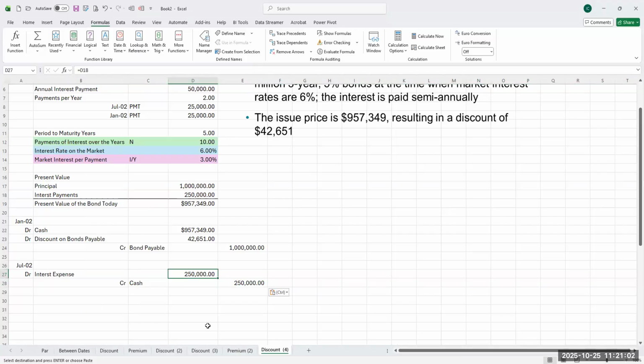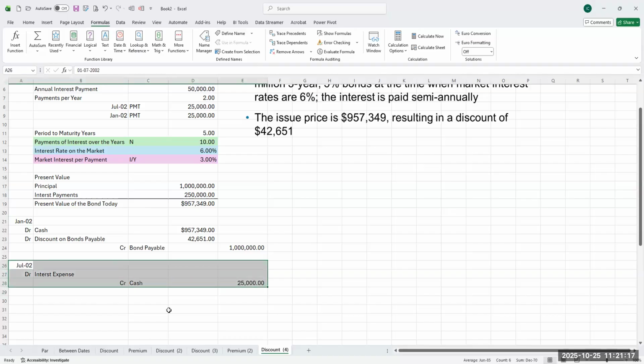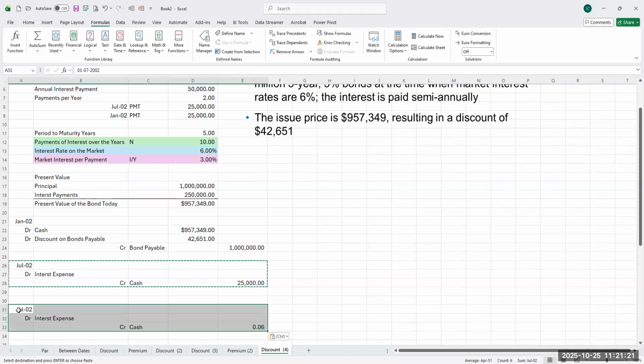First, we already know that the cash that I have to pay will be $25,000. There's no question about it. This is the cash that I always have to pay on every interest payment date. That's never going to change. July 2nd, then next one will be January 2nd.